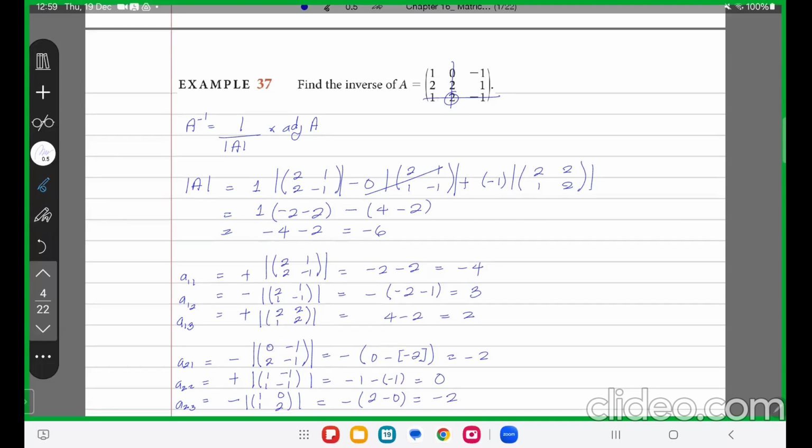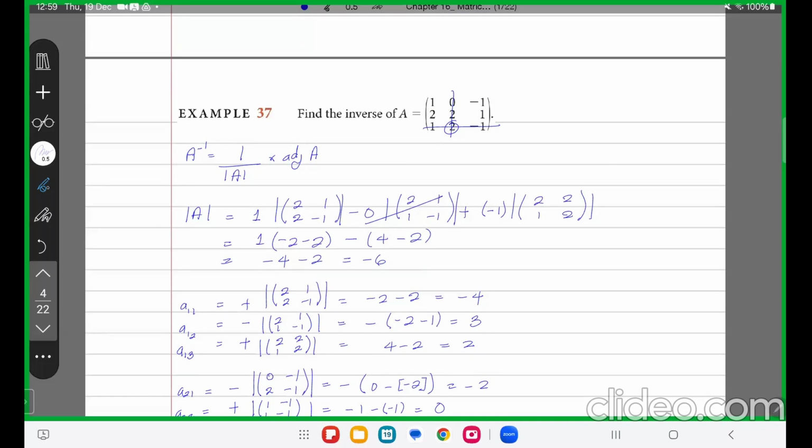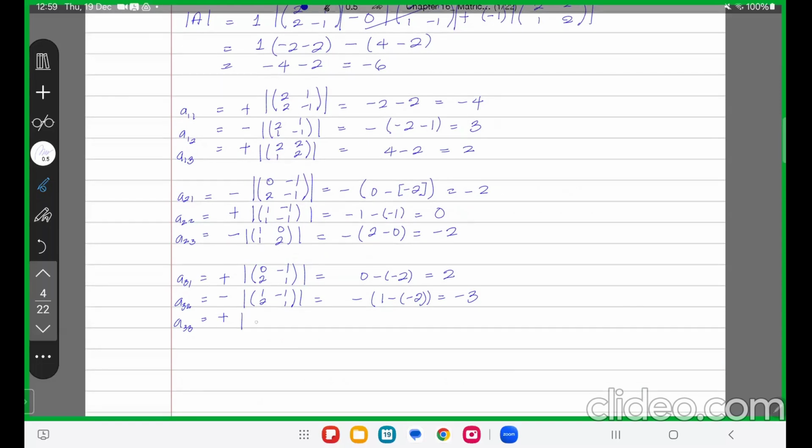One, 2, minus 1, 1. Sign convention, negative, 1, minus, minus 2, minus 3. And last, 1, 2, 0, 2. This is 2, minus 0.